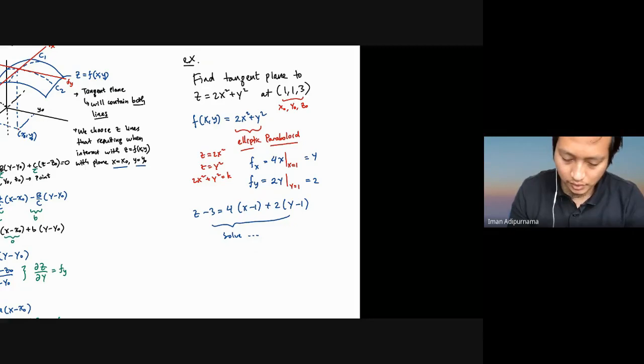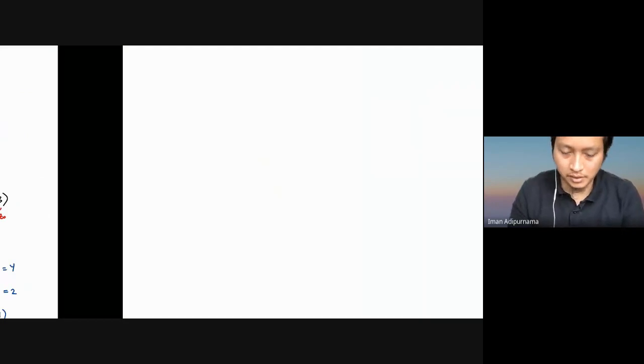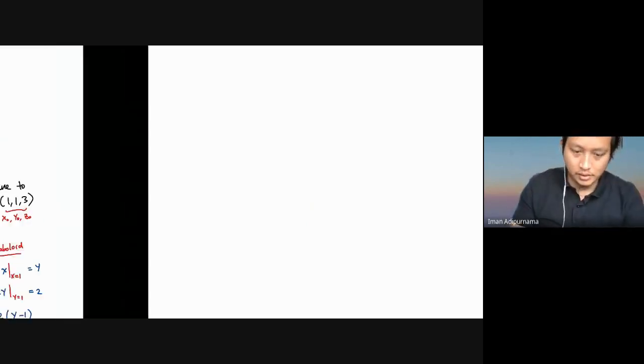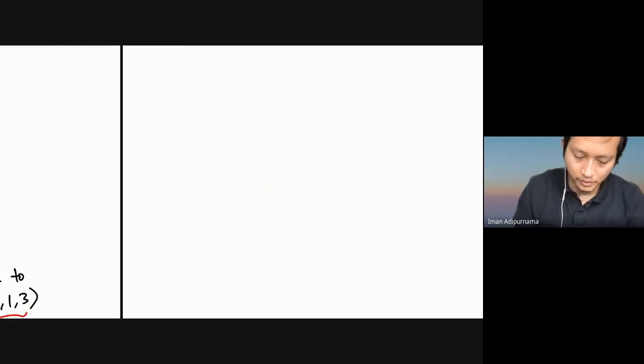Let me take it to another page. Yeah, so I hope the tangent plane is not too difficult. Imagine, let me draw first. Let me draw some surface.